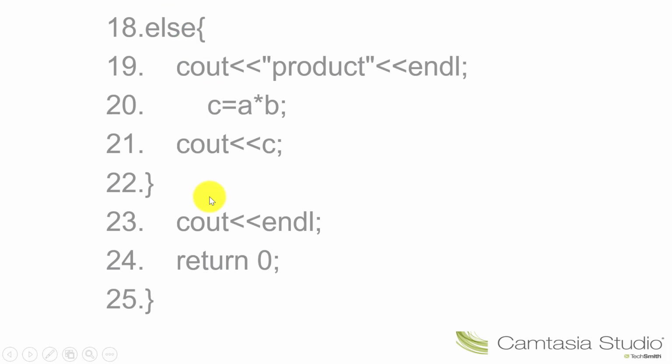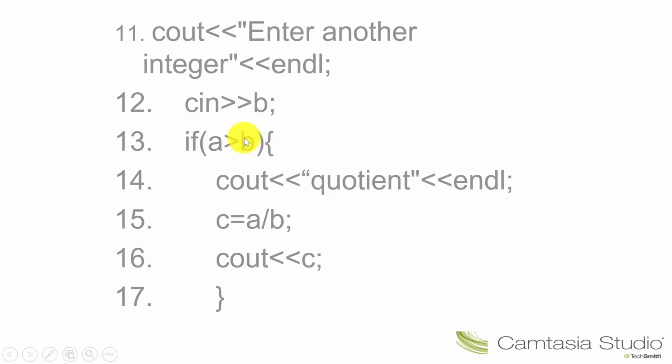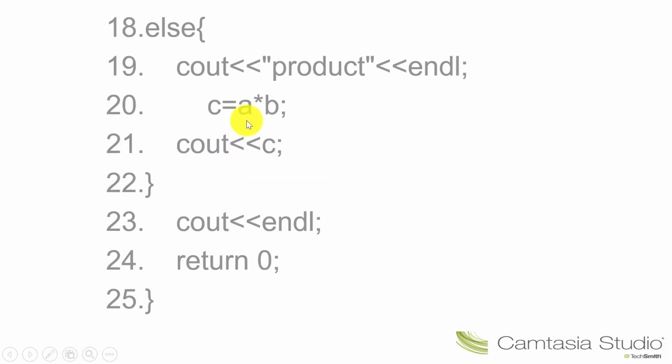Else, if the value in A is not greater than the value in B, it means the value in B is greater than the value in A, then what we are going to see is a multiplication. The computer will do multiplication instead of division, and we shall see the word product, and the output will come from C again, which will be the product of the two numbers that we have entered.